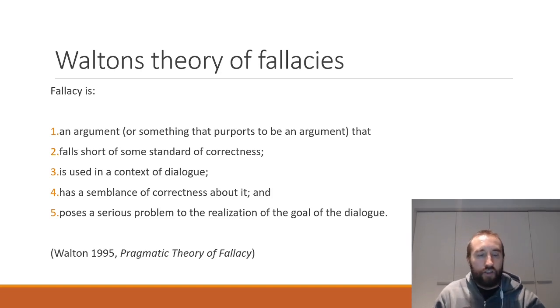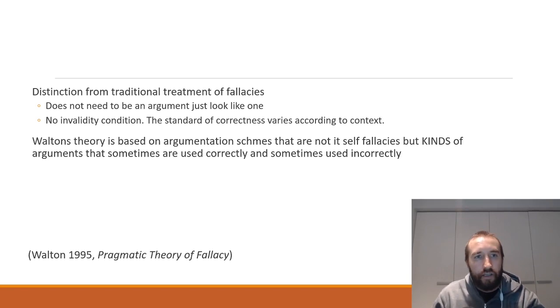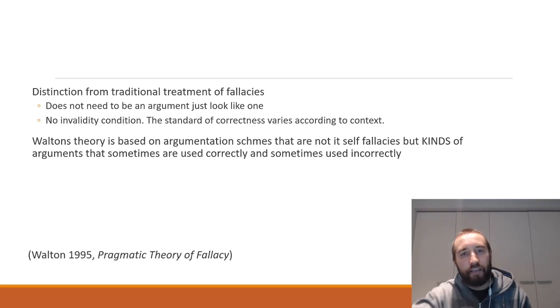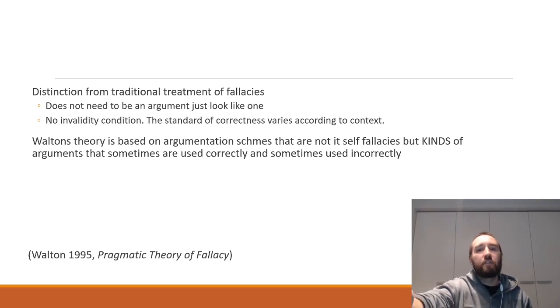And how this differs from the traditional treatment of fallacy is here. The distinction from the traditional treatment of fallacy is that it does not need to be an argument. It purports to be an argument, so it's claiming to be an argument.